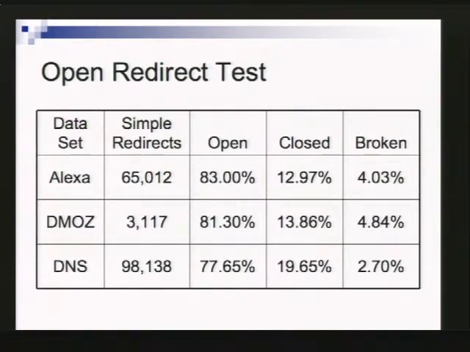And it turns out that out of the simple redirects, 83% in case of Alexa, 81% in case of DMOZ, and 77% in case of DNS, which is about 80% of the simple redirects, were actually open. So if the link said ebay.com, http://paypal.com, and you replace paypal.com with cs.indiana.edu, it actually did take you to cs.indiana.edu.